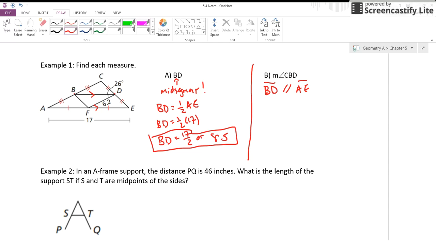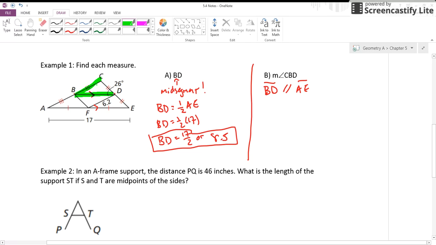First, let me trace out where angle CBD is. I'm looking for this green angle here, that's angle CBD. I know this angle right here is 26 degrees, and I want to find this angle right over here.